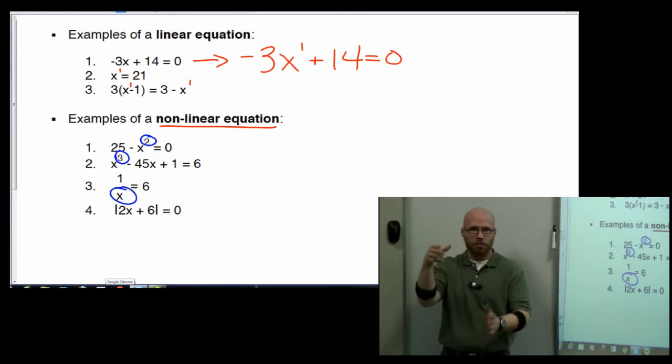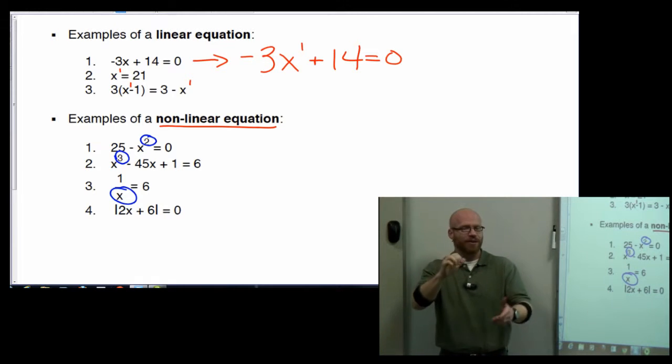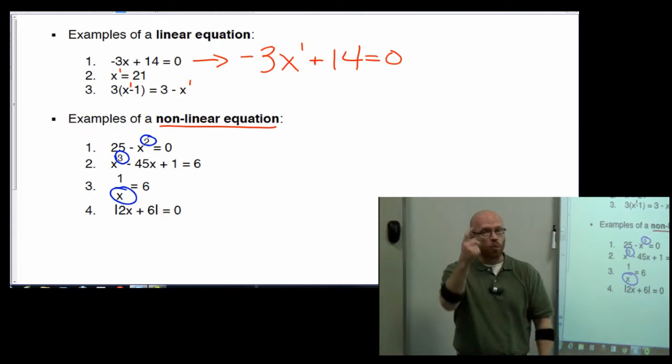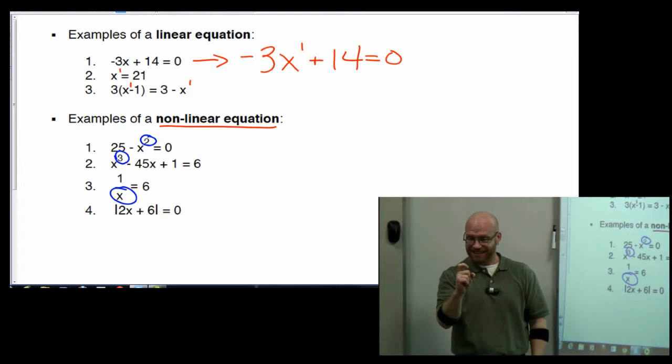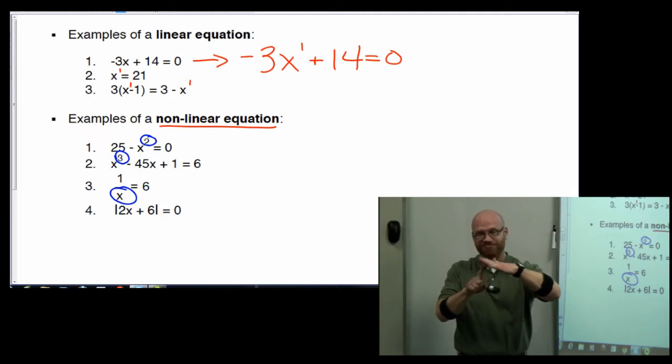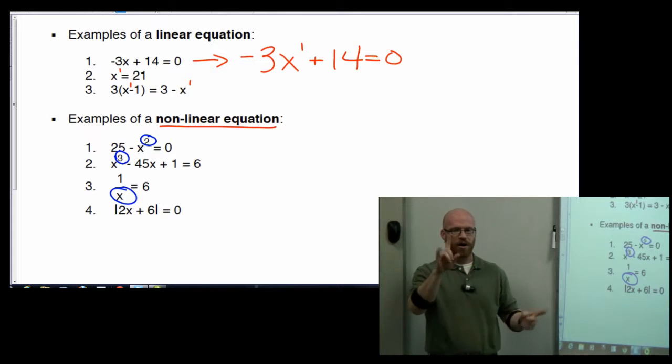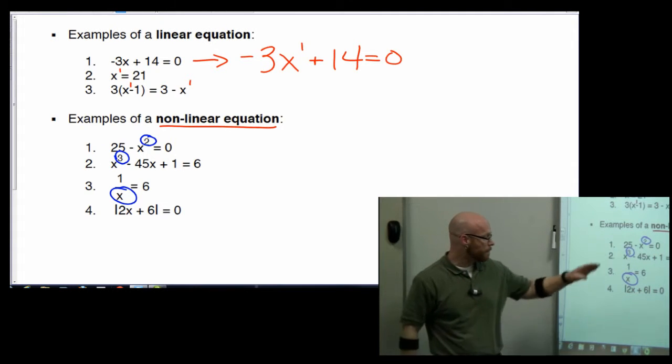That is not the first power. Therefore, non-linear. Number 3 is 1 over x. The x is like a negative power. You can't have x in the denominator for linear equations.